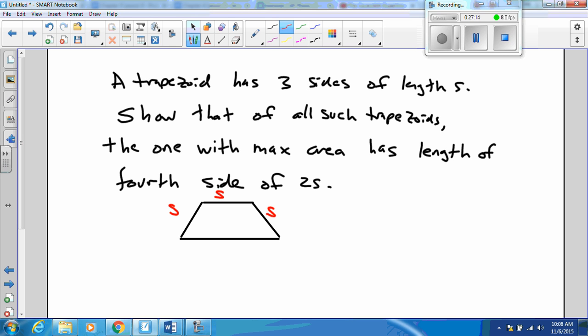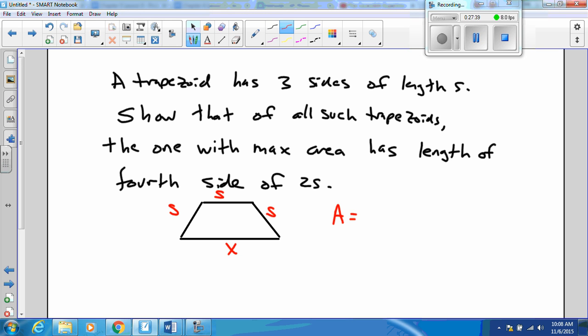What happens down here, Charlie? How'd you mark this up? Well, we mark it as 2s, so we can do that. Can't do that, that's right. So, x. All right, so this is x, now what?